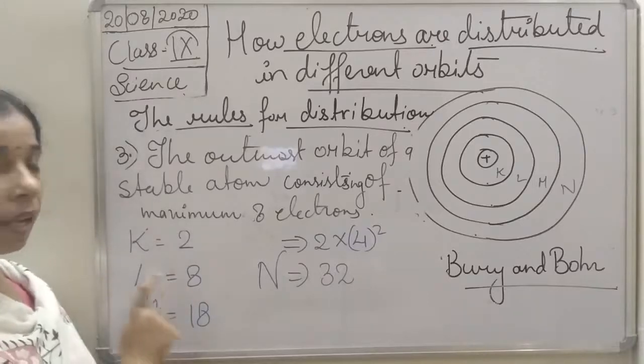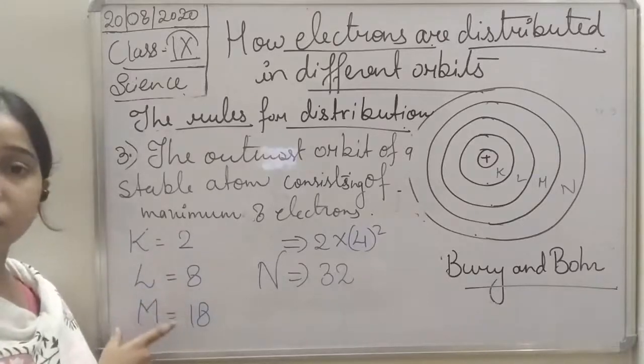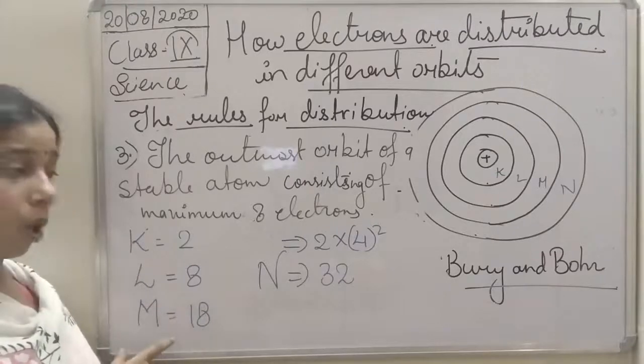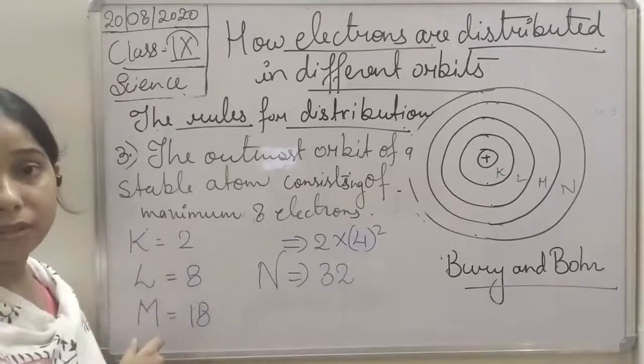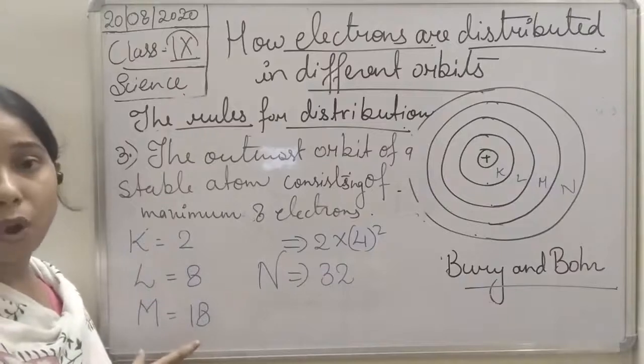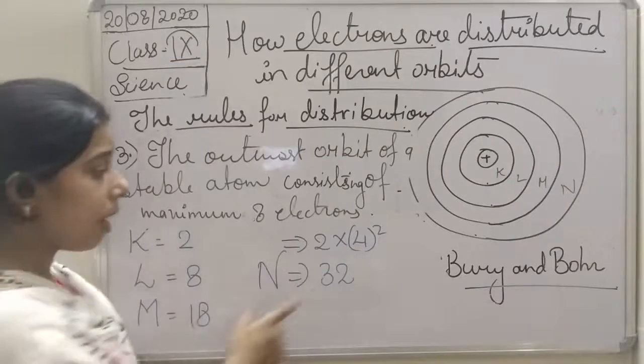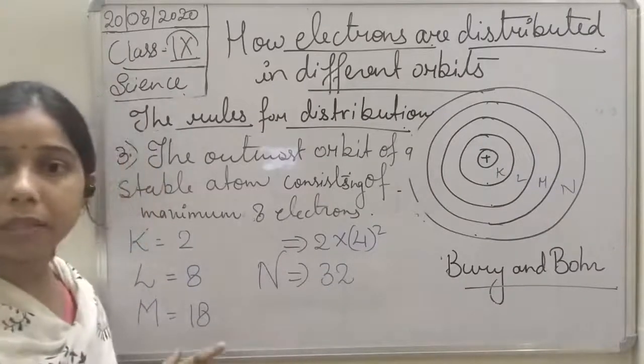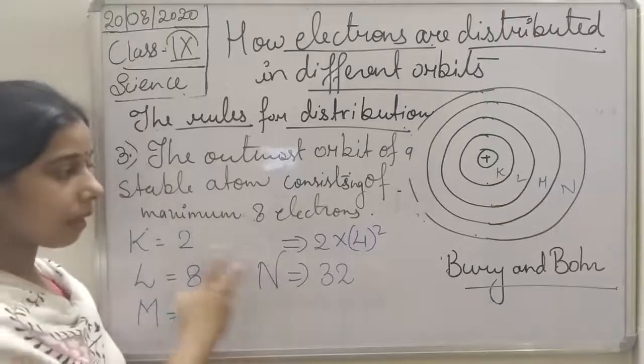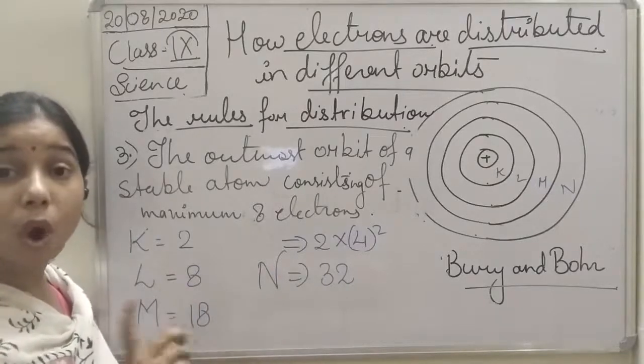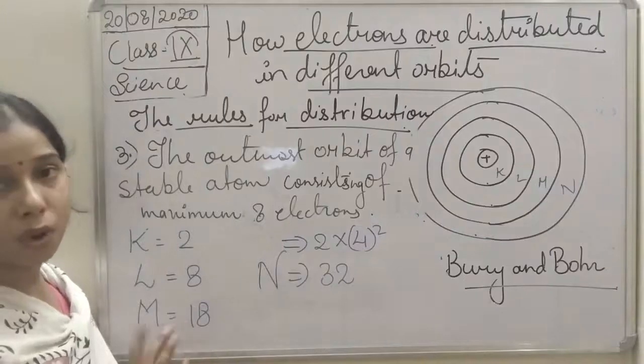If we talk about the L shell, students, it can accommodate 8 electrons. The M shell can accommodate 18 electrons. The N shell can accommodate 32 electrons. So these are the maximum numbers of electrons accommodated by the different orbits.